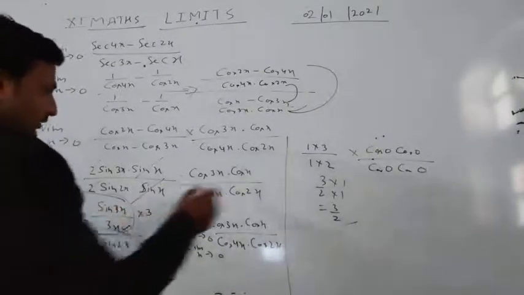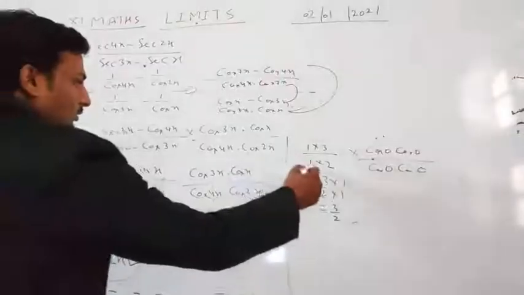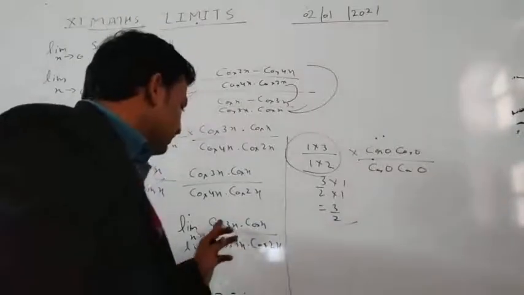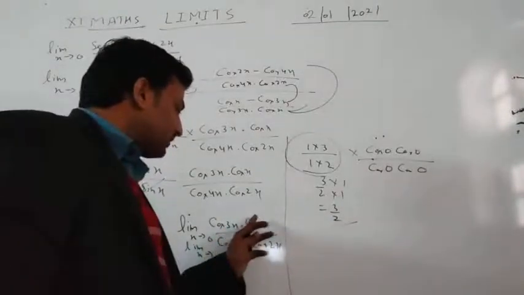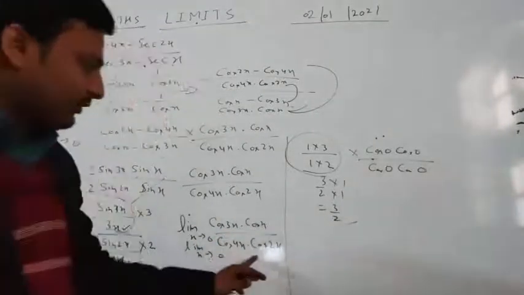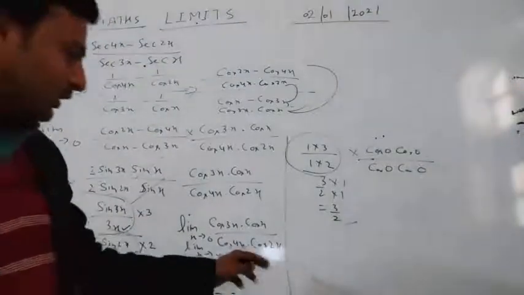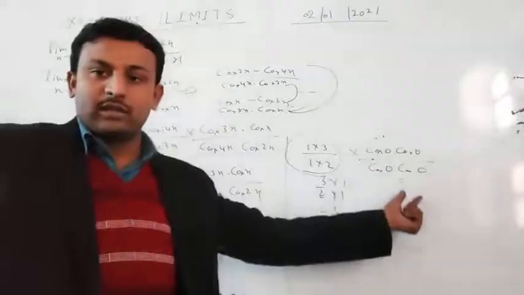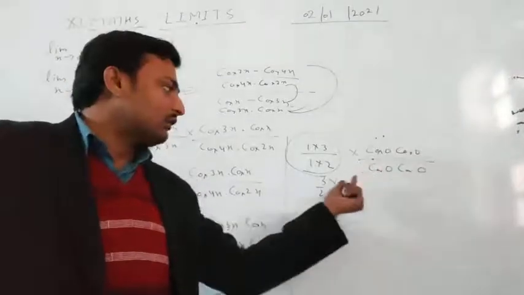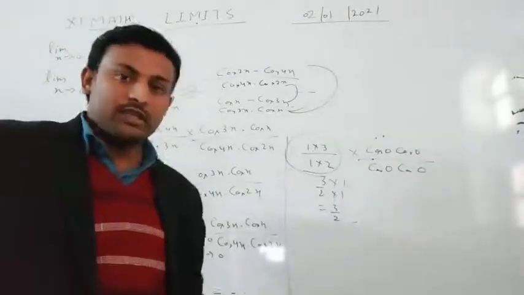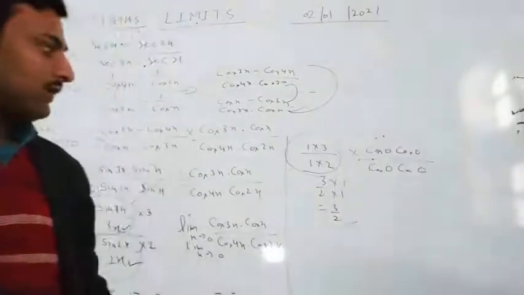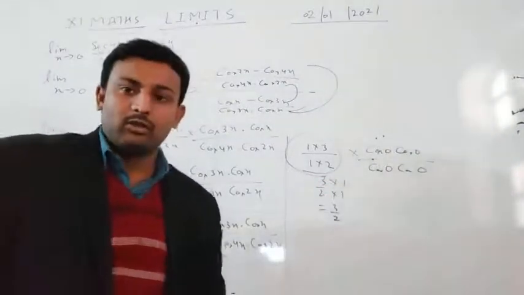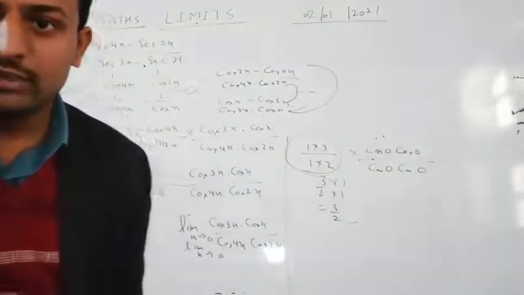So this is 1 into 3 and 1 into 2. Okay. So into limit x tends to 0, this is cos 3x cos x and cos 4x into cos 2x. Now student, we will put our x is equal to 0. We get all the terms as cos 0 and this value will be equal to 1. So our result will be 1. So now after solving this we get 3 by 2. So I hope you understand students. Thank you.